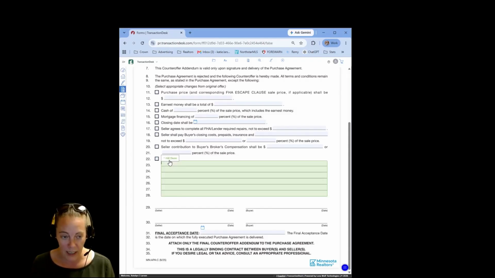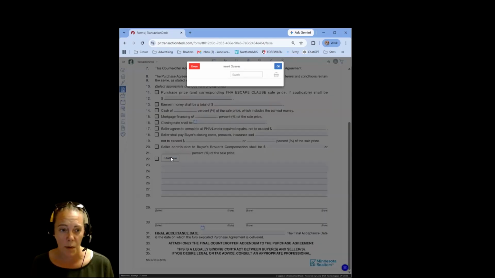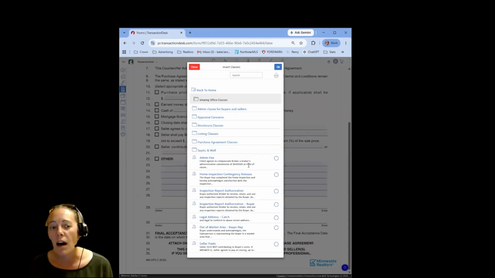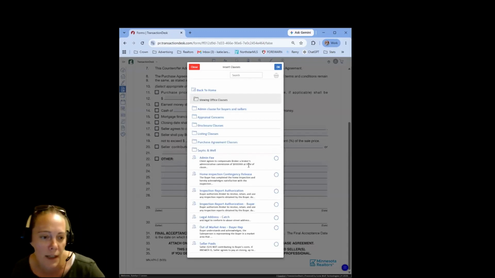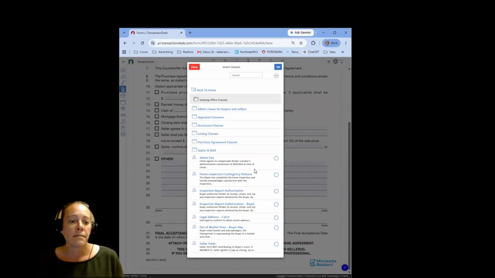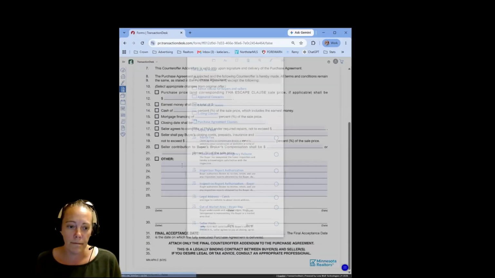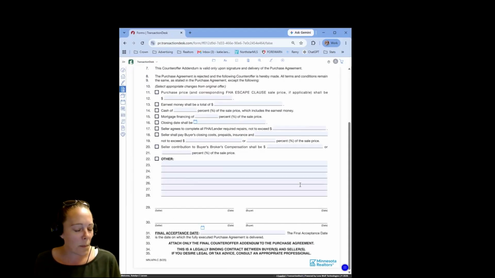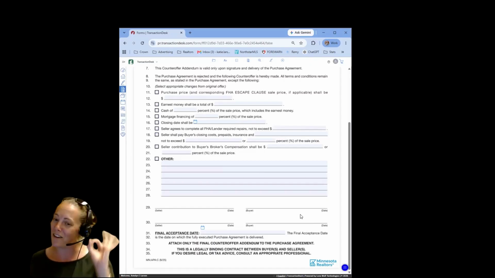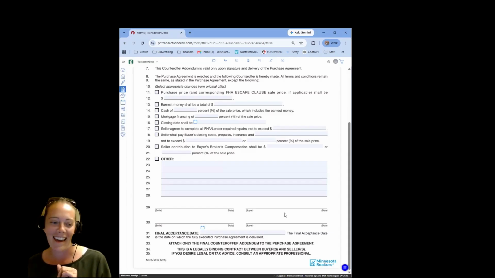You can also, as you can see, we have the clauses there, the clauses button. So you can also use the office clauses if you do need to add something there. Okay. Then at the bottom, your seller's going to sign, your buyer's going to sign. Hopefully they both sign on the same one, and then you have an accepted purchase agreement. We like that.